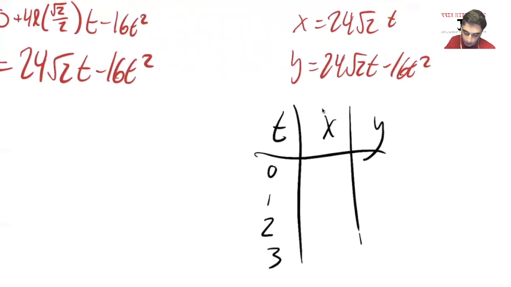If we plug in 0 for t, we have x equals 0 and y equals 0. So at t equals 0, everything is 0.